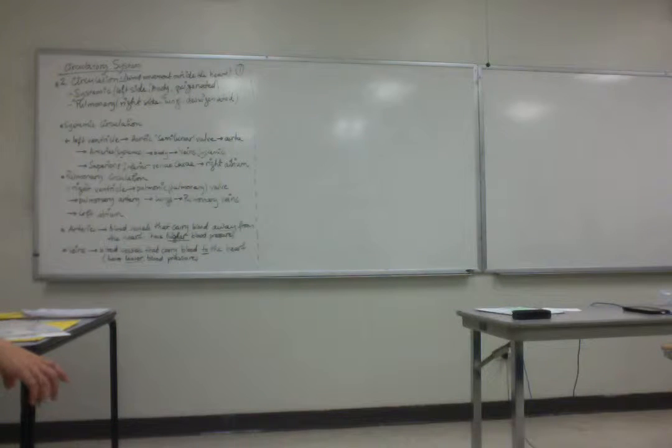Which is why I want you to associate left side with oxygen rich or oxygenated, whatever will make you remember it, and the right side with oxygen poor blood or deoxygenated. So left is red, right is blue. Oxygenated blood is always bright red, whereas deoxygenated blood is bluish red.